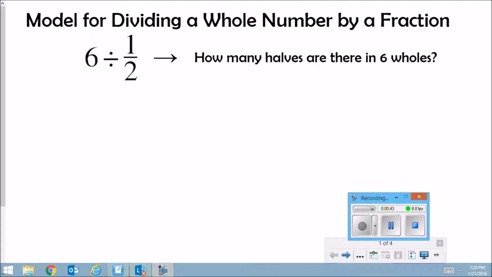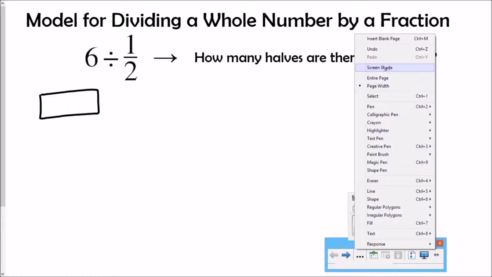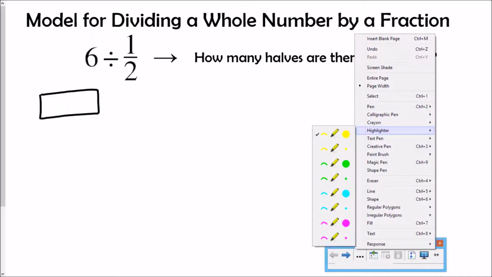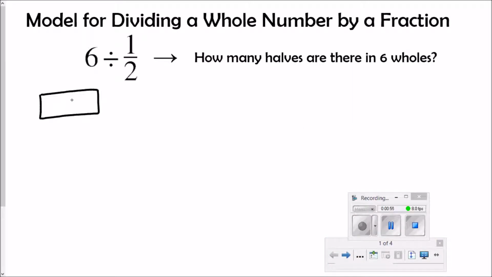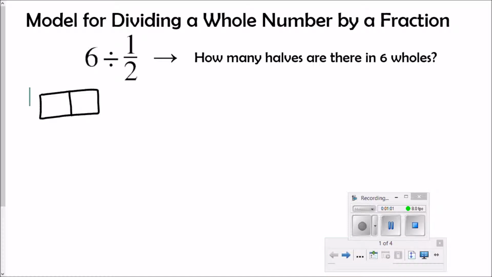in 6 wholes? So what I'm going to do is go ahead and draw 6 wholes, and I'm going to cheat here so that all of my wholes are relatively similar. I'm going to use the cloning tool on my laptop.